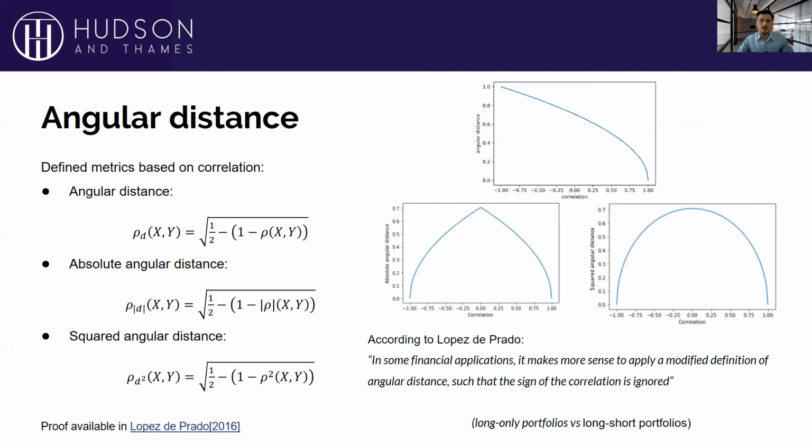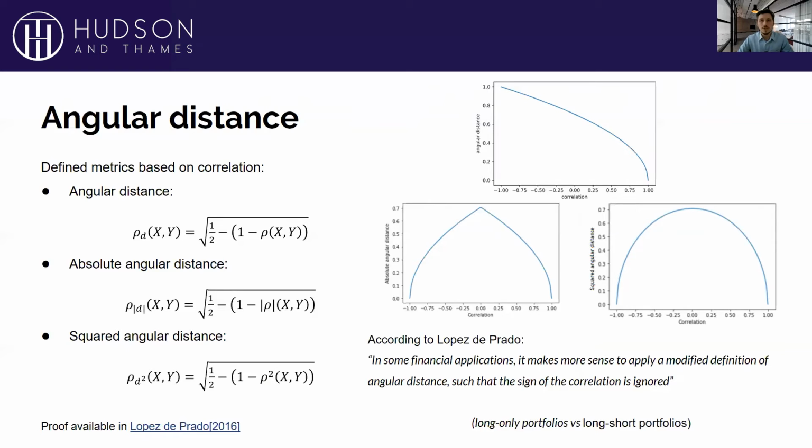On the right side of the presentation, you can see three graphs that show how these angular distances transform Pearson's correlation from a range of -1 to +1 to a distance range from 0 to 1. The angular distance has its own behavior, but the absolute and the squared angular distance behave rather differently.